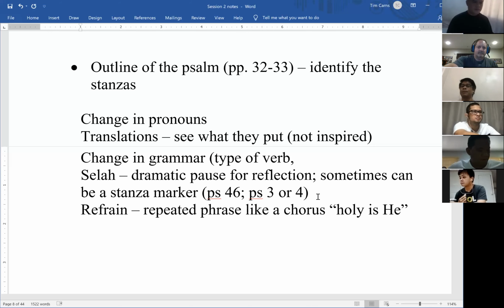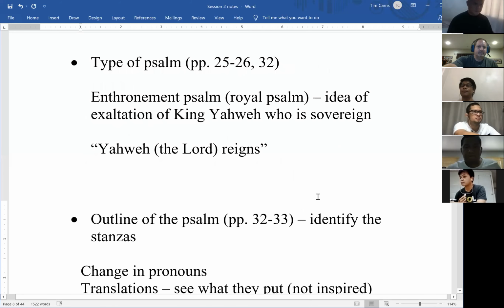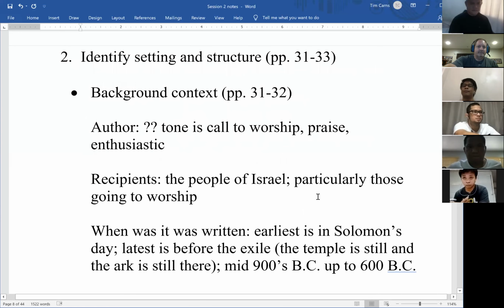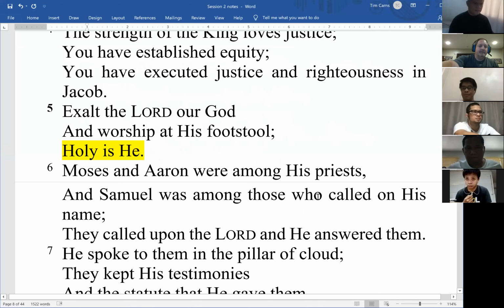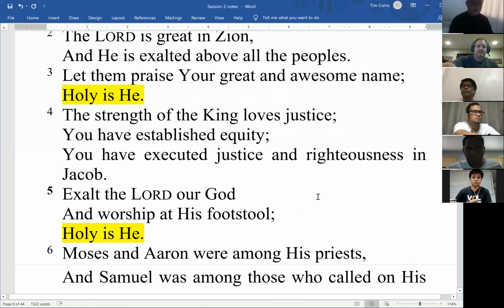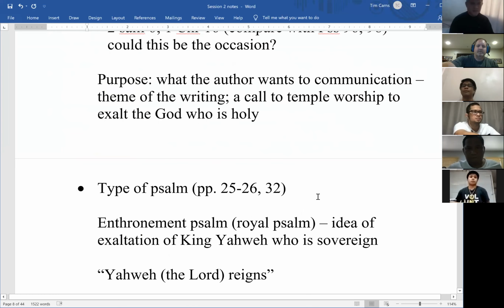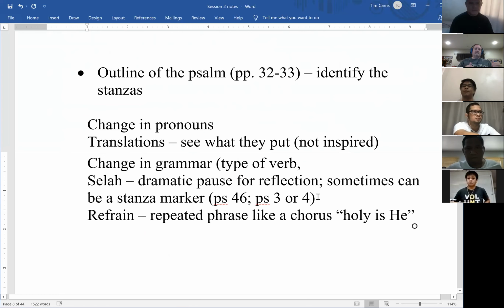Yes. Another example, again, Psalm 46 shows that. There's a refrain, a repeated phrase at the end of the stanza. That's often where you will see the refrain, at the end of the stanza, marking out the end of it. Any other?